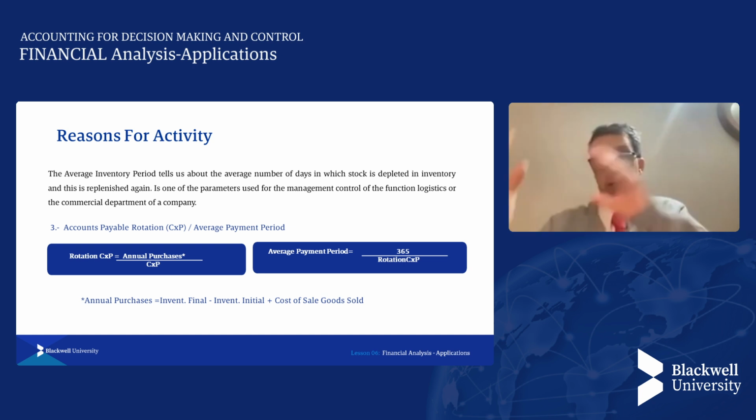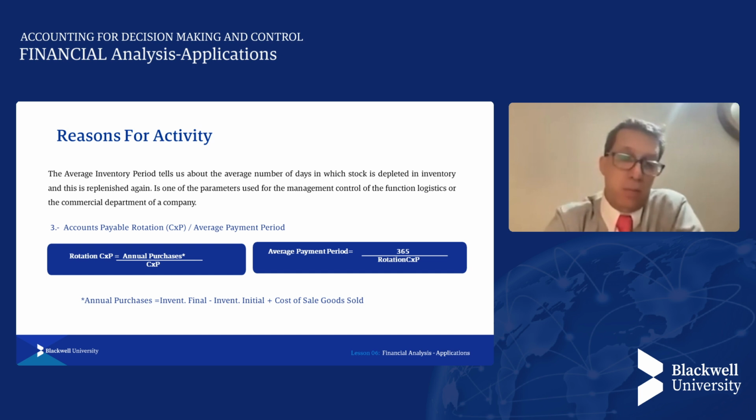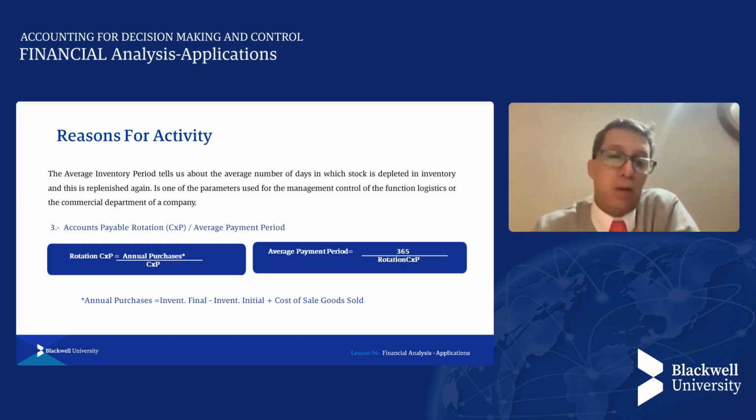If one rearranges that expression, one can come to understand that annual purchases are the final inventory minus the initial inventory plus the cost of sales of those goods. Therefore, this indicator is also very important.